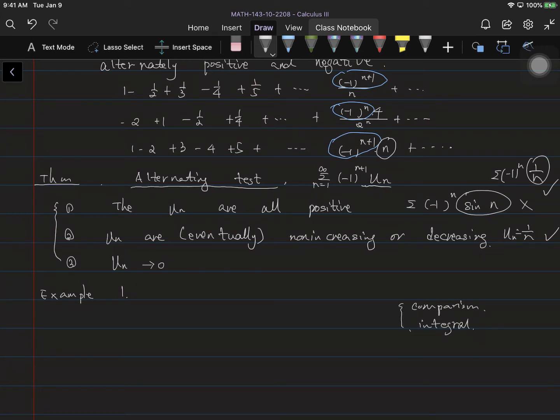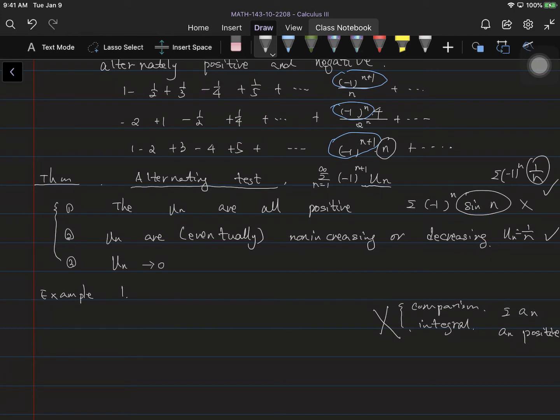Those tests all work for positive an. An has to be positive. For alternating series, we have negative terms, so we cannot use those two tests. That's why for alternating series, we have to use the alternating test. In the future, we may have other tests, but right now, let's try the alternating test.